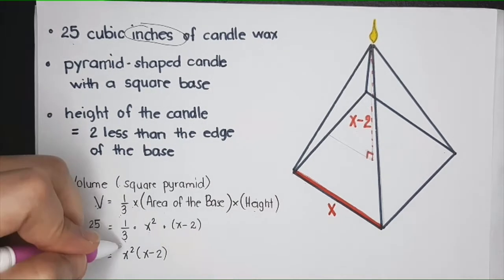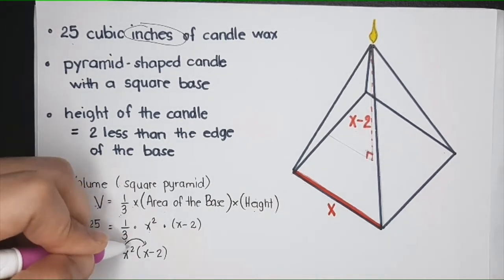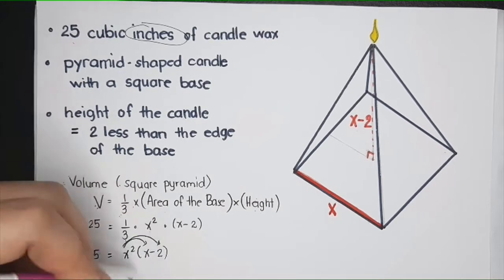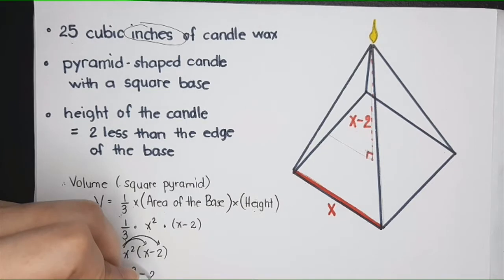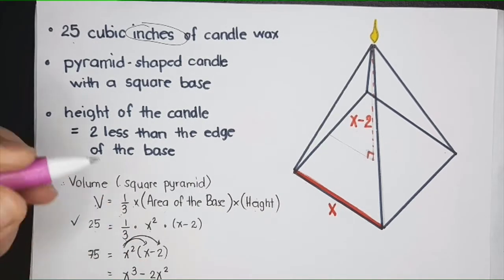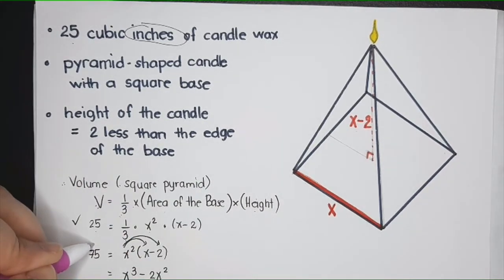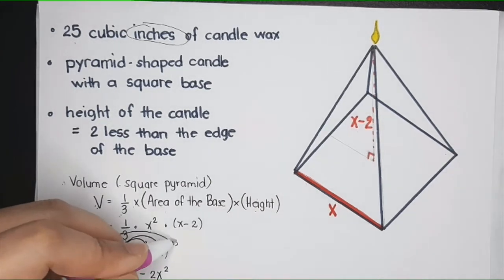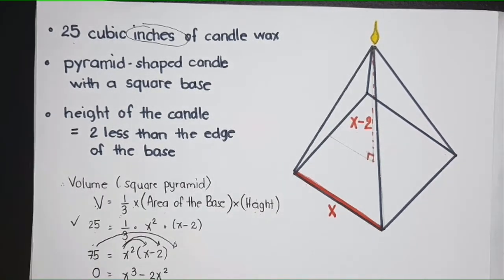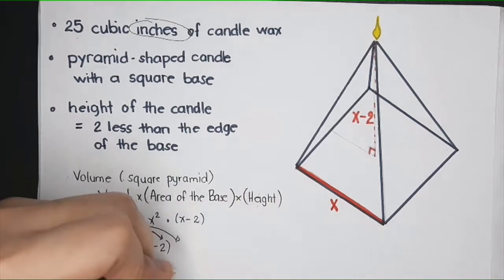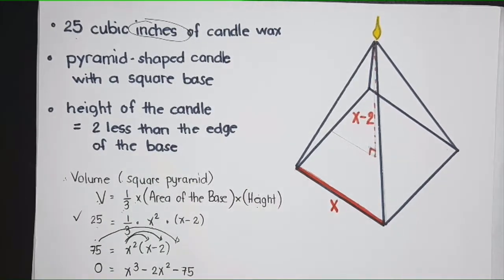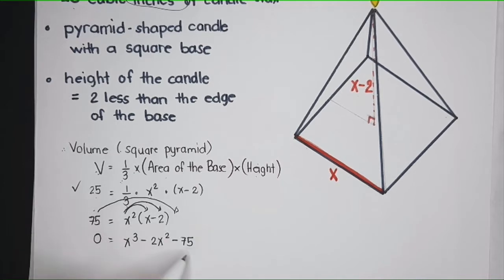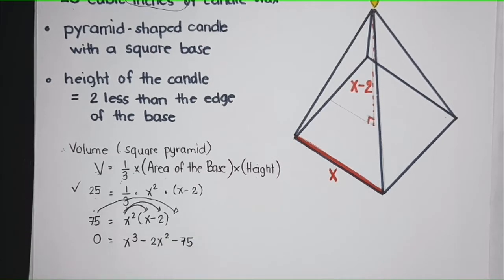I'm going to distribute x squared here, so I get x cubed minus 2x squared. And then, I'm going to transpose 75 to this side para maging 0 to. So, we get negative 75. We have a polynomial equation here.